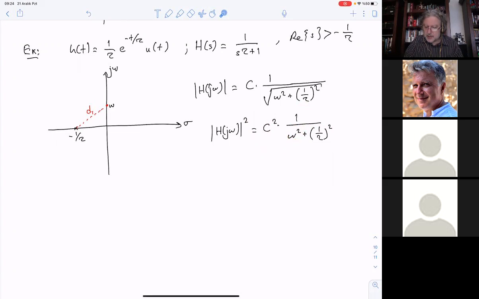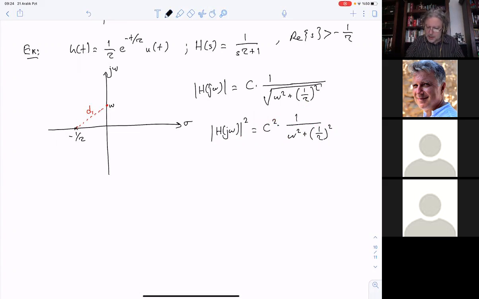It will be c squared over 1 over tau squared. That is the highest magnitude. And as omega increases, positively or negatively, this h of j omega magnitude will decline. And as omega goes to infinity, the value of this will shrink down to 0.